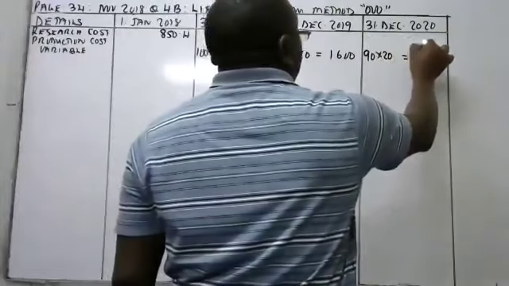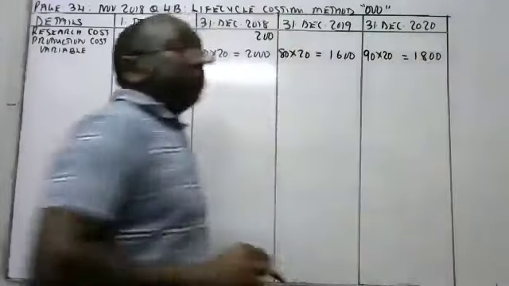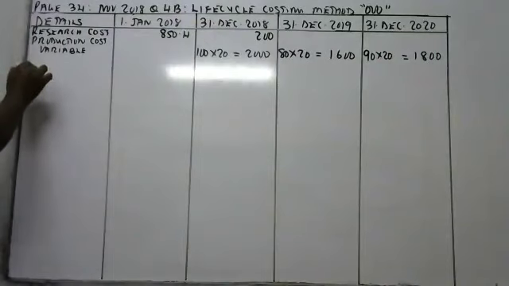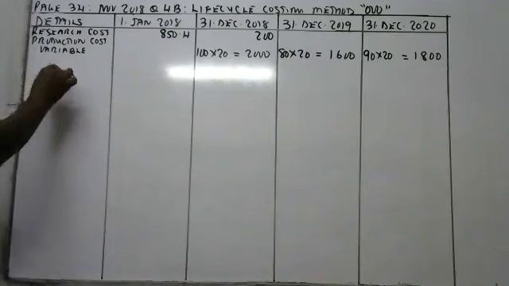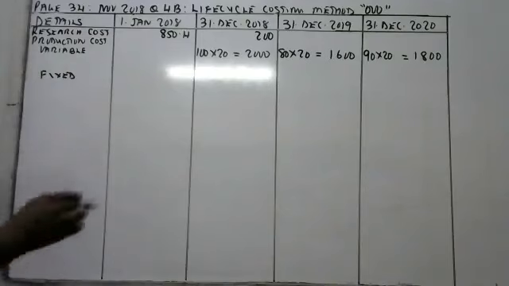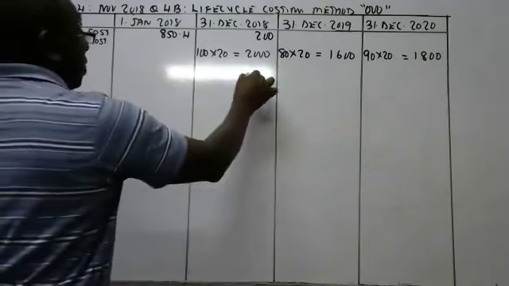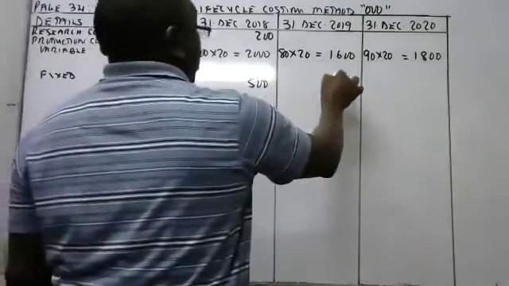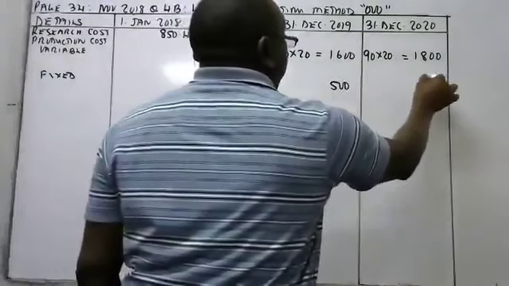So that gives us 1,800. Then we have fixed. Fixed in the second year is 500. Or is it 500 everywhere? 500.